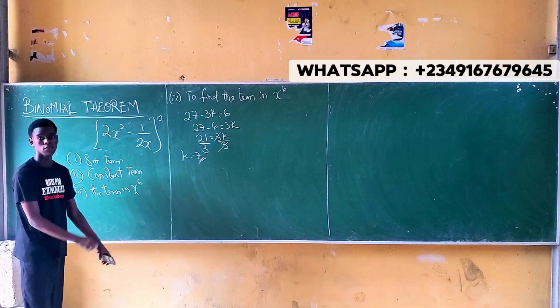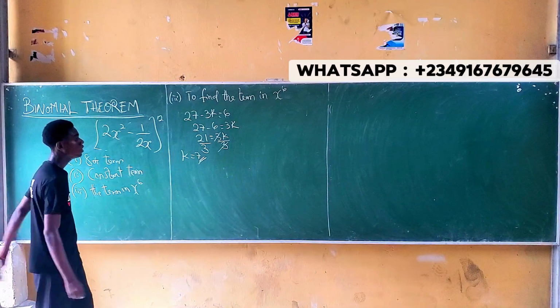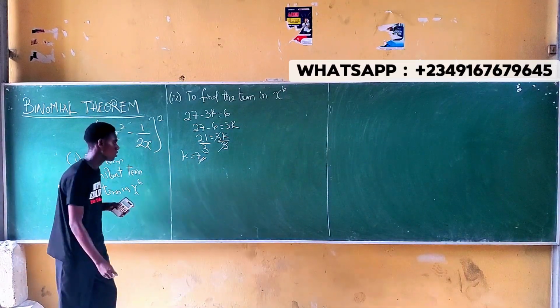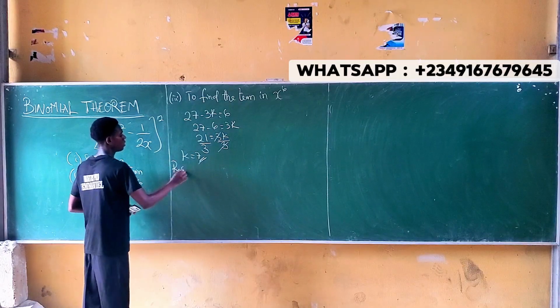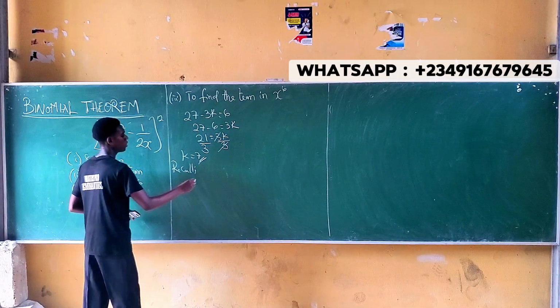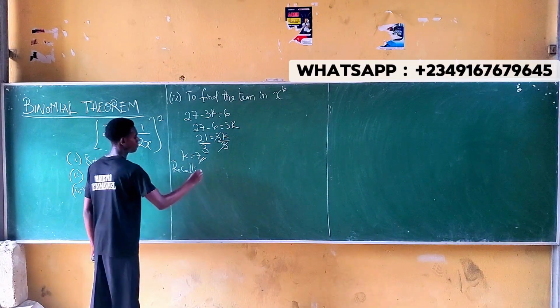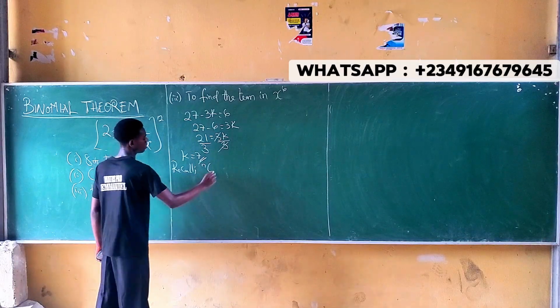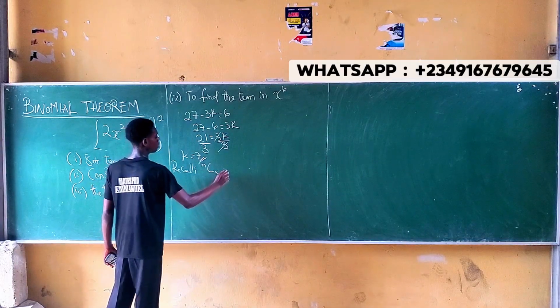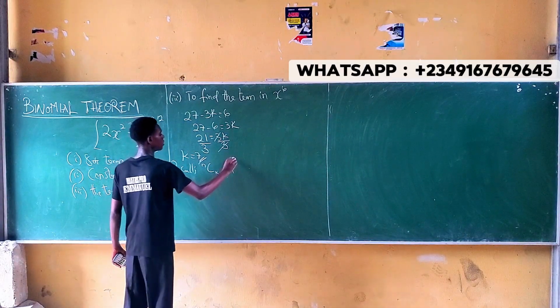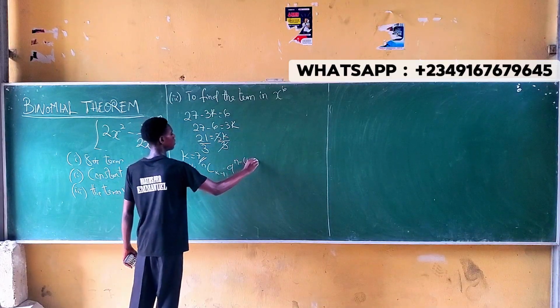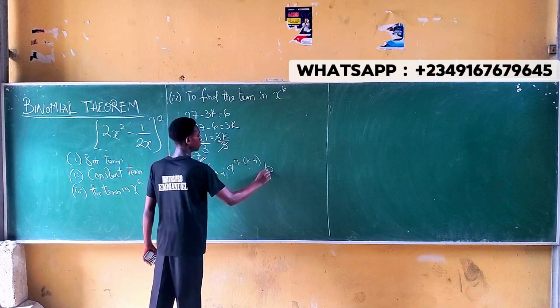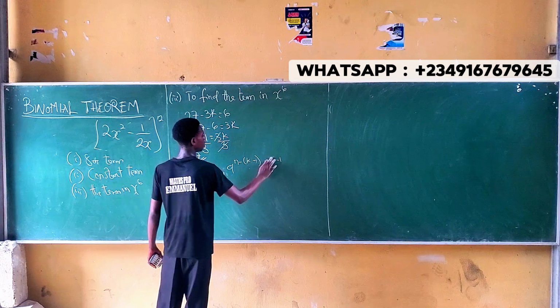Now I've gotten the value for k, so I'm going to put this k into my formula. Recall the formula that we have: n combination k minus 1, a raised to the power of n minus k minus 1, b raised to the power of k minus 1.